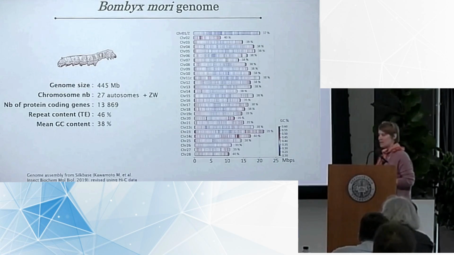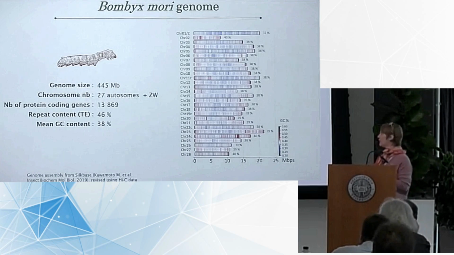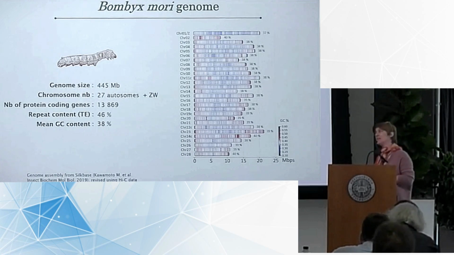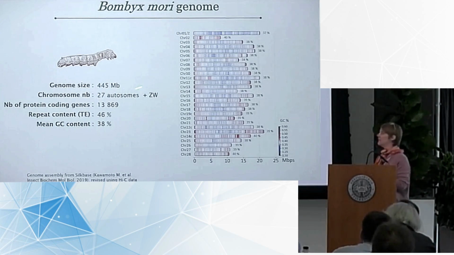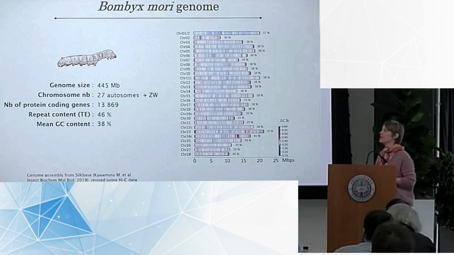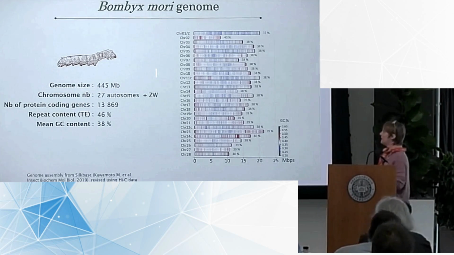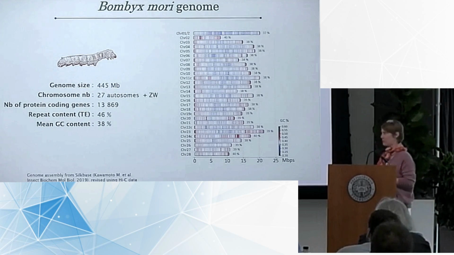We initiated the study working on the silkworm, Bombyx mori, because this is the reference organism in the insect order Lepidoptera, and also because at the time I initiated this study, it was the only Lepidoptera that had a fully assembled genome with full-size chromosomes.